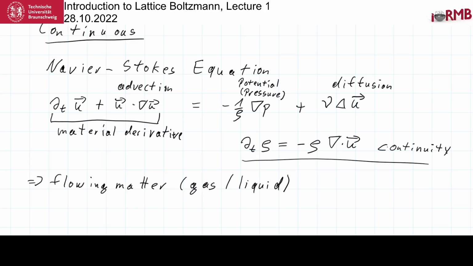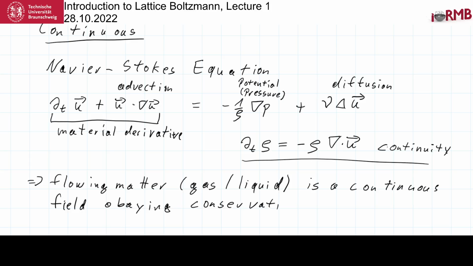A way of thinking. So you have flowing matter as a continuous field, and also this field is obeying Newton's laws and conservation, and this leads to conservation of mass, momentum.